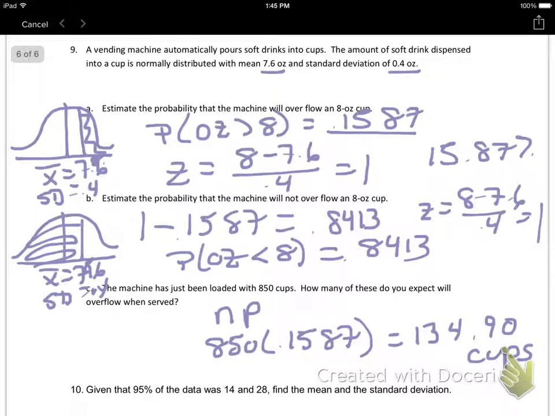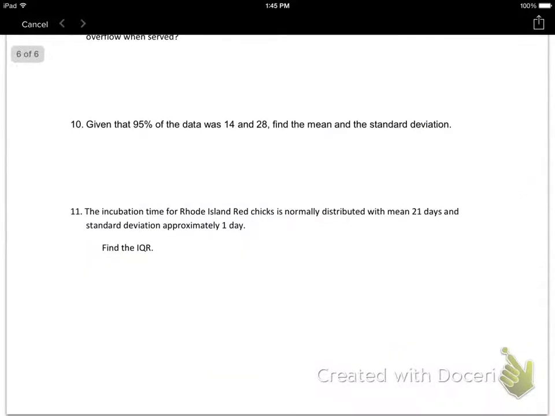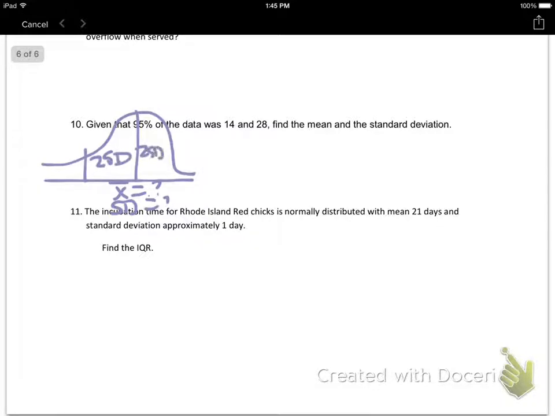Okay, now let's go do problem number 10. It says, given that 95% of the data is between 14 and 28, find the mean and standard deviation. So we don't know what the mean is, and we don't know what the standard deviation is. But we do know that 2 standard deviations is 95%, right?